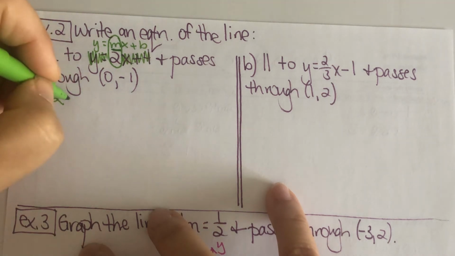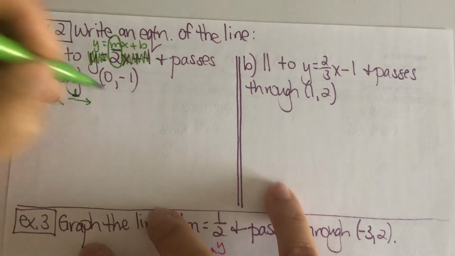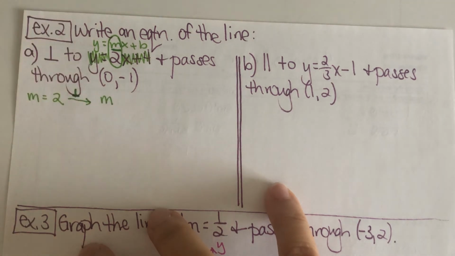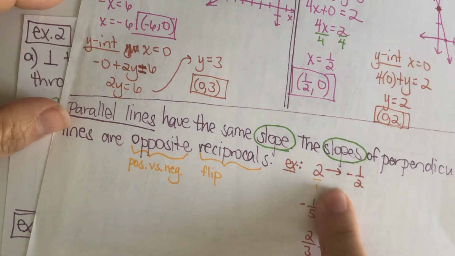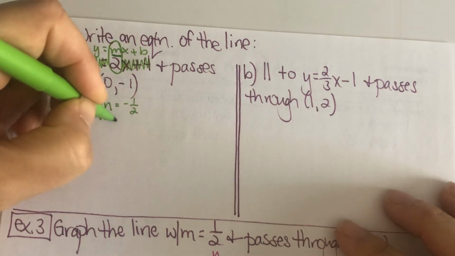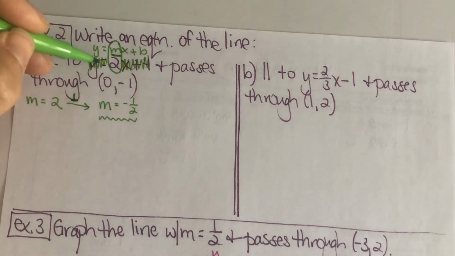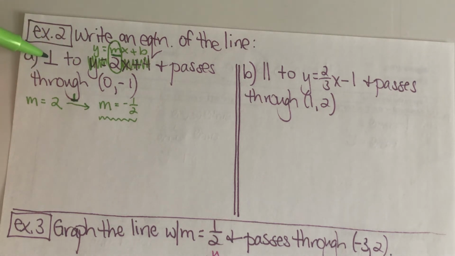The slope of a perpendicular line, I'm going to draw a little perpendicular symbol right there, is going to be the opposite reciprocal, and we already talked about that right here. Opposite reciprocal was negative 1/2. So the slope that I want is negative 1/2. I get nothing else from this equation. I only focus on the slope when it's talking about perpendicular or parallel.